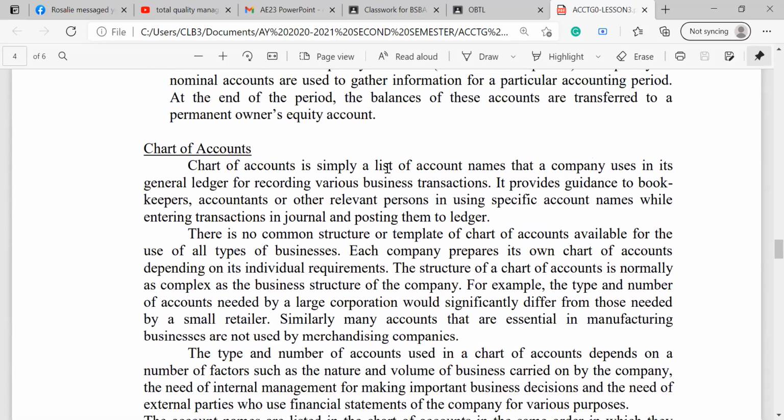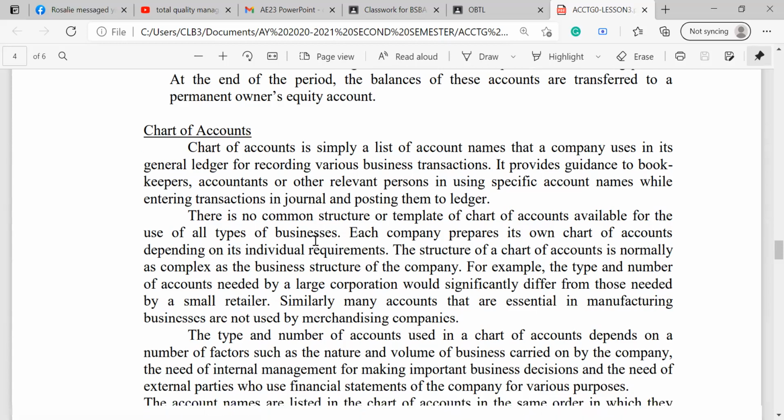Chart of accounts. So, ito naman, defined lang as a list of account names. So, depende po sa company, hindi po uniform ang chart of accounts na ginagamit ng lahat ng company. Depende sa industry na kinabibilangan mo. Iba ang chart of accounts ng hospital, iba ang chart of accounts ng mga schools. They have account title na common to them, pero hindi lahat ng accounts nila ay pare-parehas.